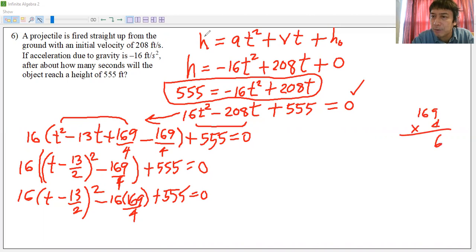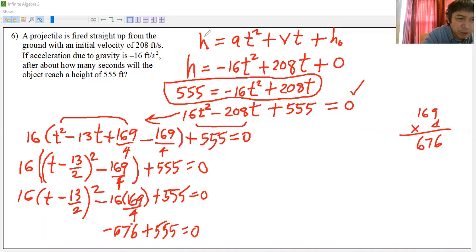All right, this will be 676. Okay, so this is now negative 676 plus 555 equals to 0. And we still have the 16 times t minus 13 over 2 squared there.